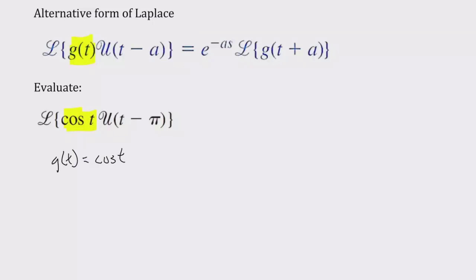And so our Laplace transform of cosine is s over s squared plus 1. And that's just going back to our chart on that. And then we need an a. So let's see, u of t minus a, well, that's obviously pi.